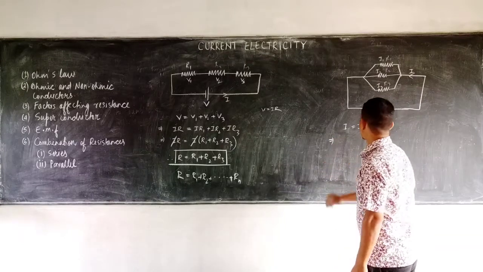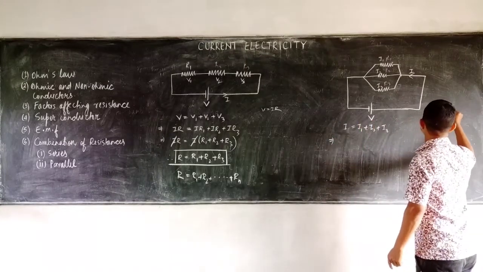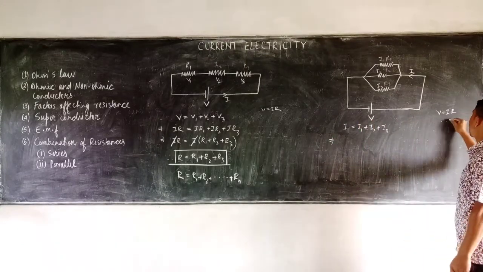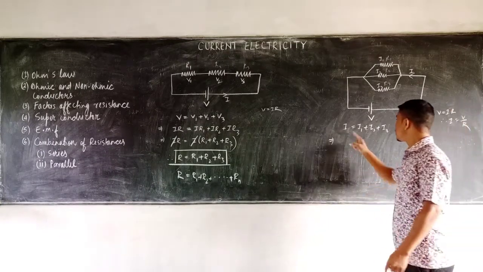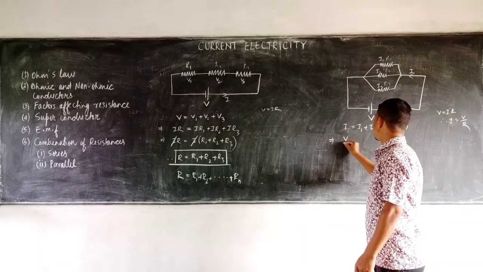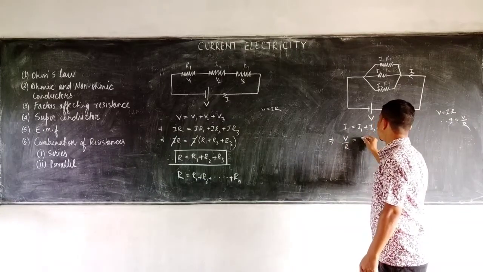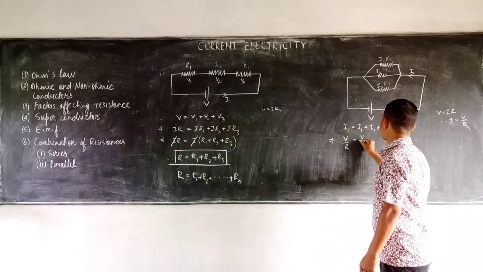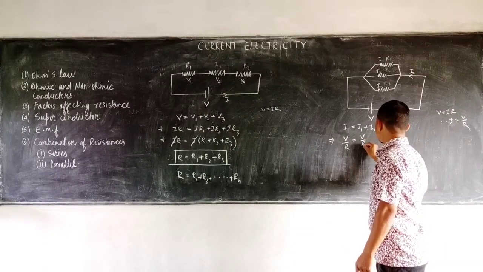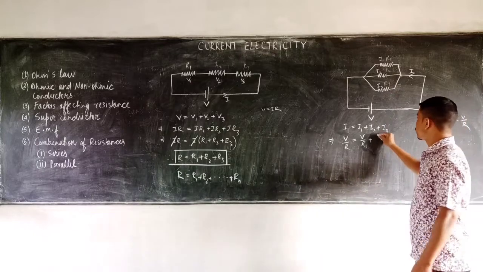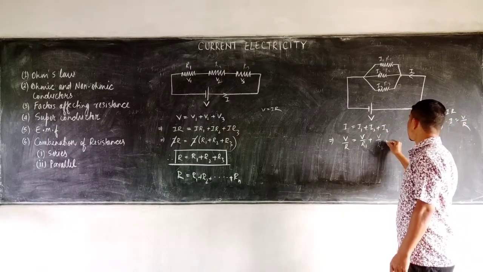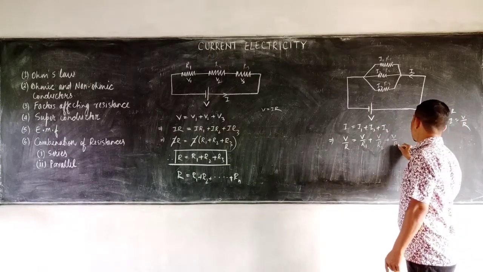Again, from Ohm's law we have V equals I into R. Therefore I will be equal to V divided by R. Substituting that value, I will be V divided by R, so I equals V divided by R1 plus V divided by R2 plus V divided by R3, where V is the same because the voltage across each of them is the same.